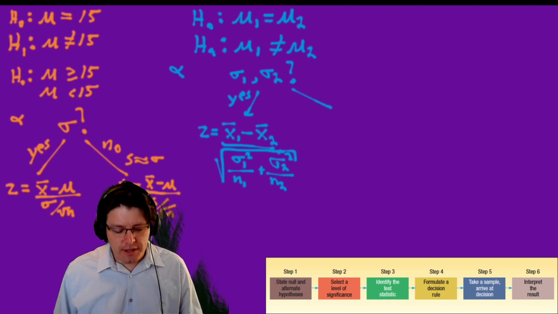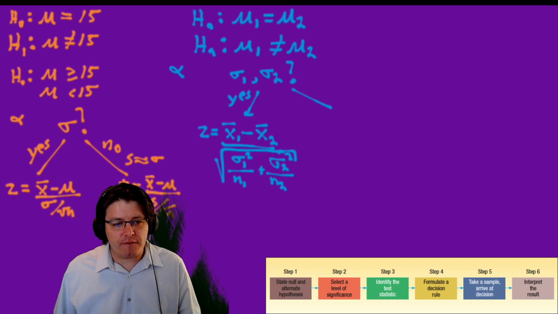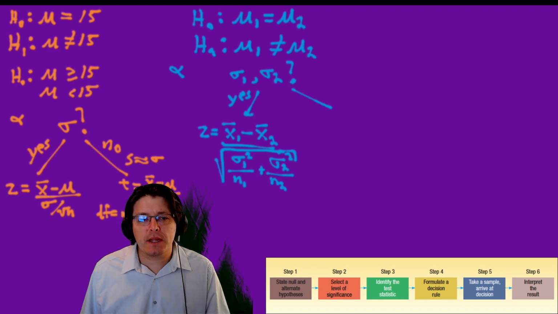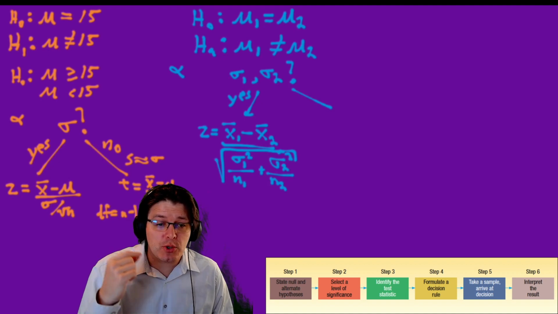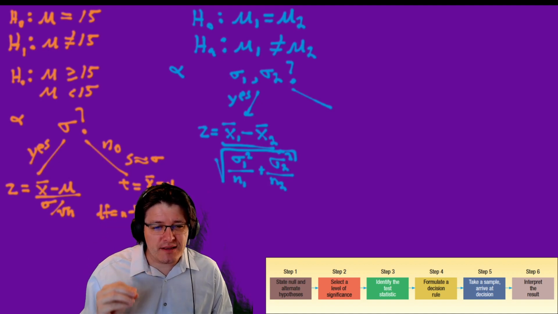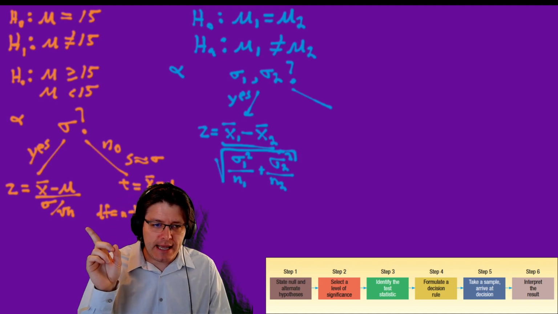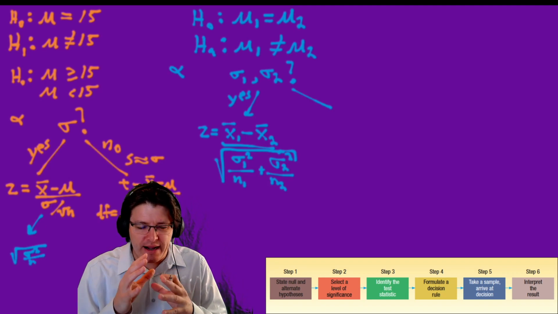But you can think of it actually, so this might help it sink in for a few people. Notice down here, in the new version, I have sigma 1 squared and sigma 2 squared, but they're within the square root. So if we go back down to chapter 10, notice that this bottom part I could rewrite as the square root of sigma squared over n, and I could factor that out.